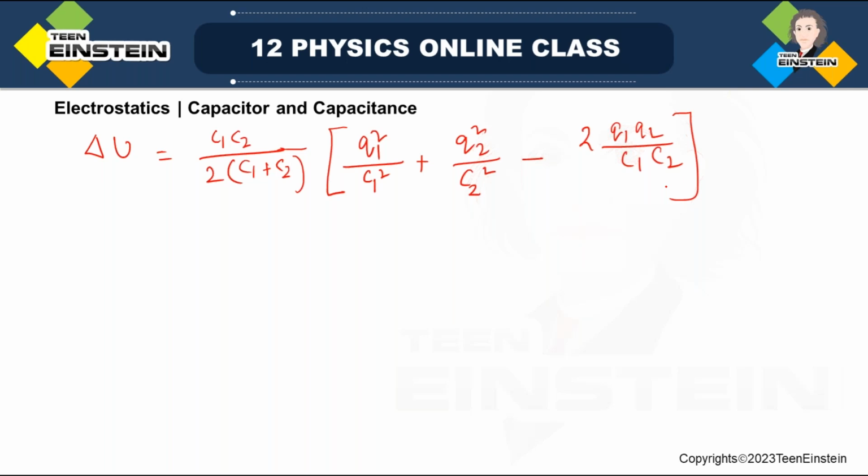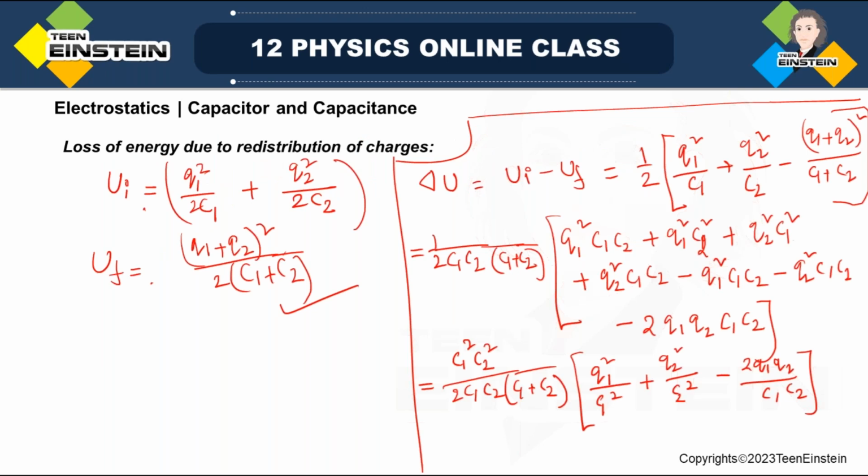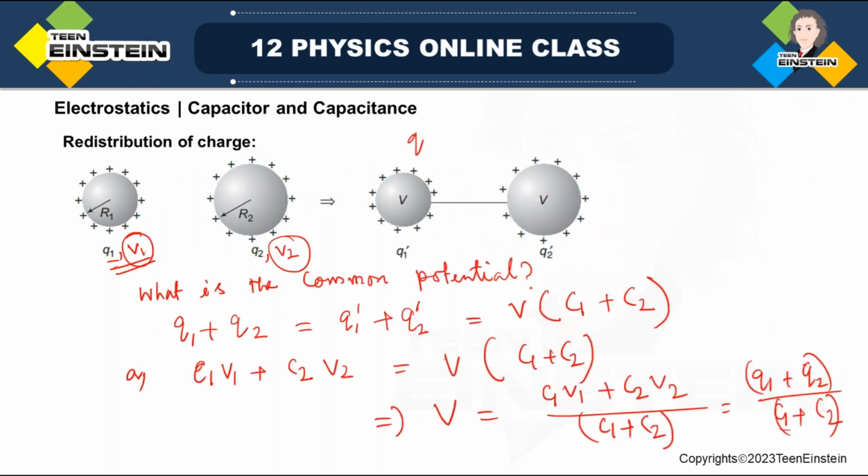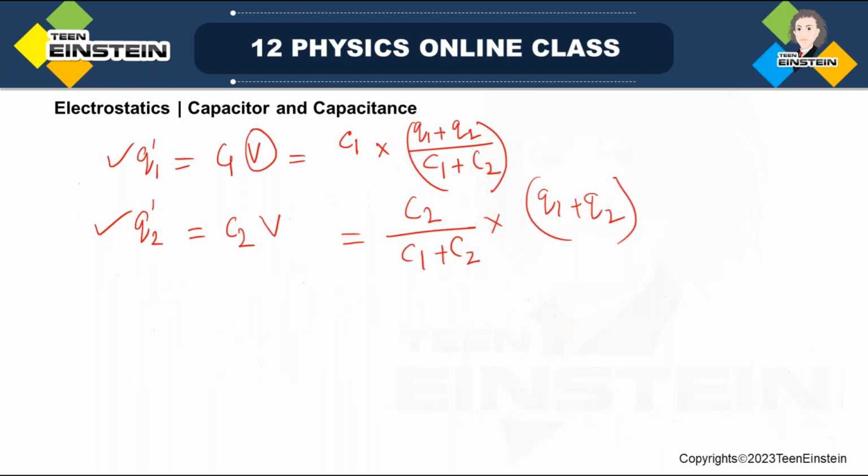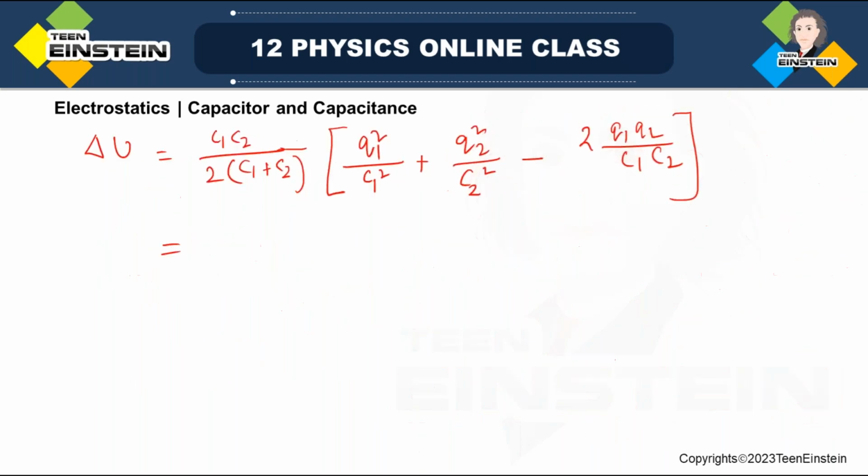Or if the individual potential was given initially, suppose conductor 1 has surface potential V1 and conductor 2 has potential V2, then we can write in terms of V1 V2 also.